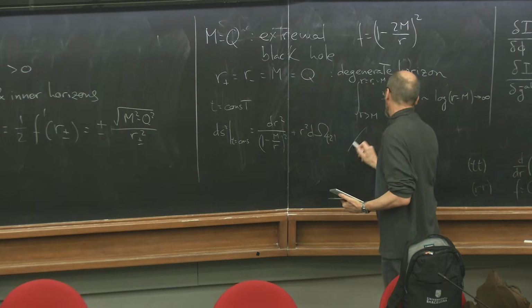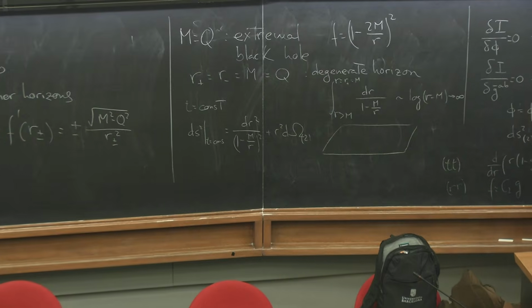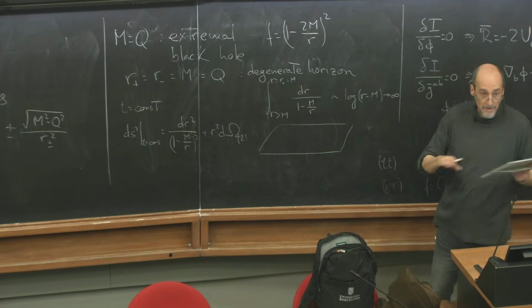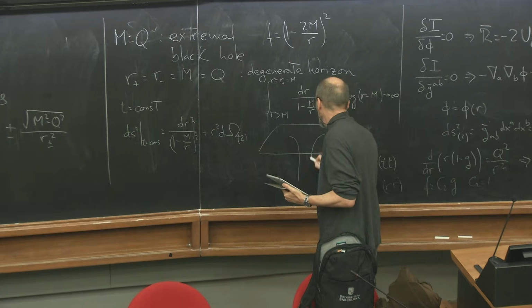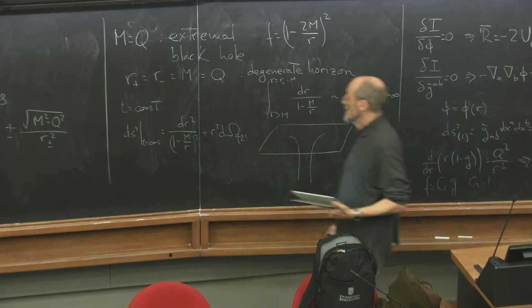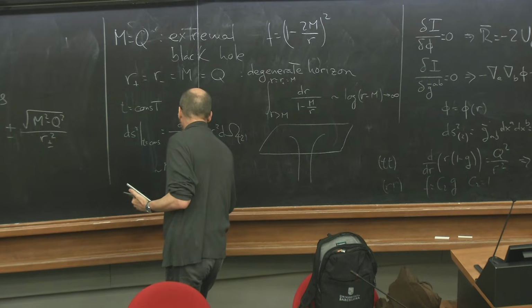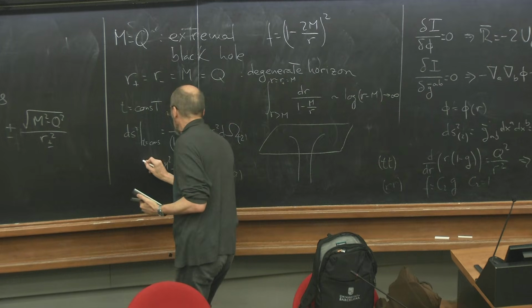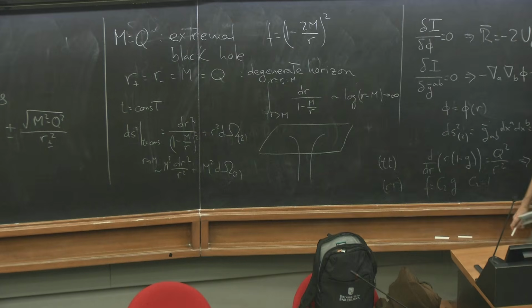And this geometry, this is a three-dimensional space-like geometry, we can draw it. When r goes to infinity, this becomes flat. At large distances, this becomes an asymptotically flat geometry. But when r goes close to r equals m, you get a geometry like this.